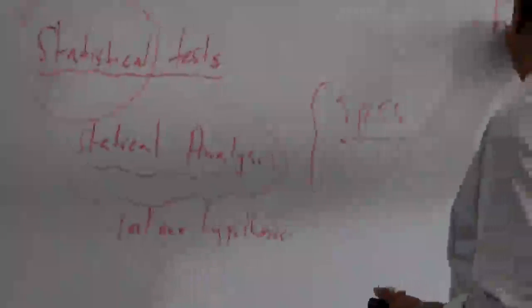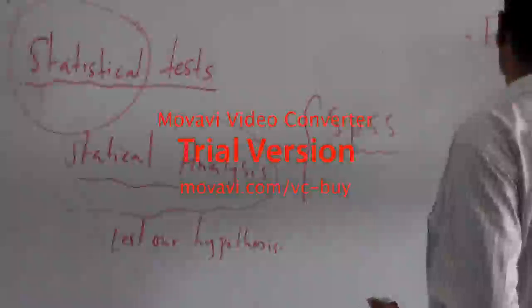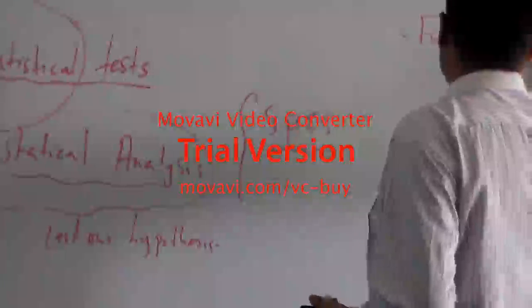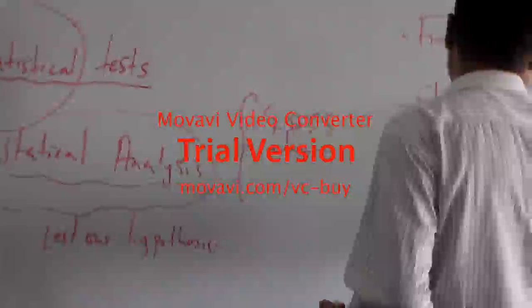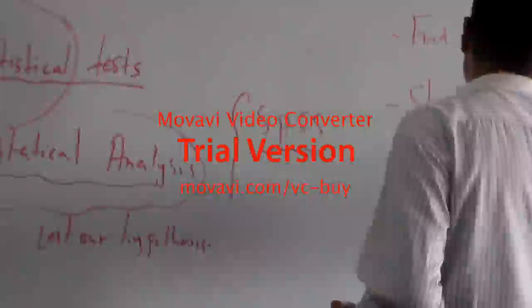We find the variables and then we state the relationship between them.